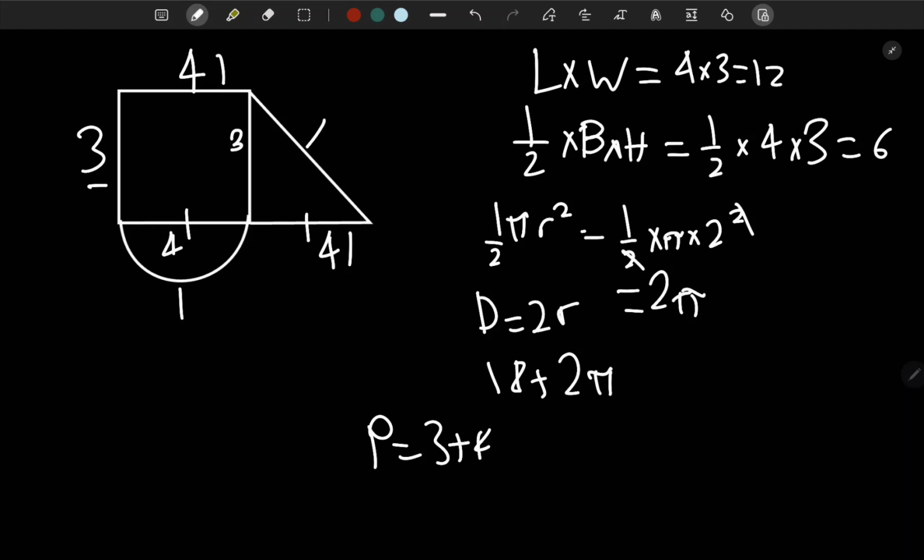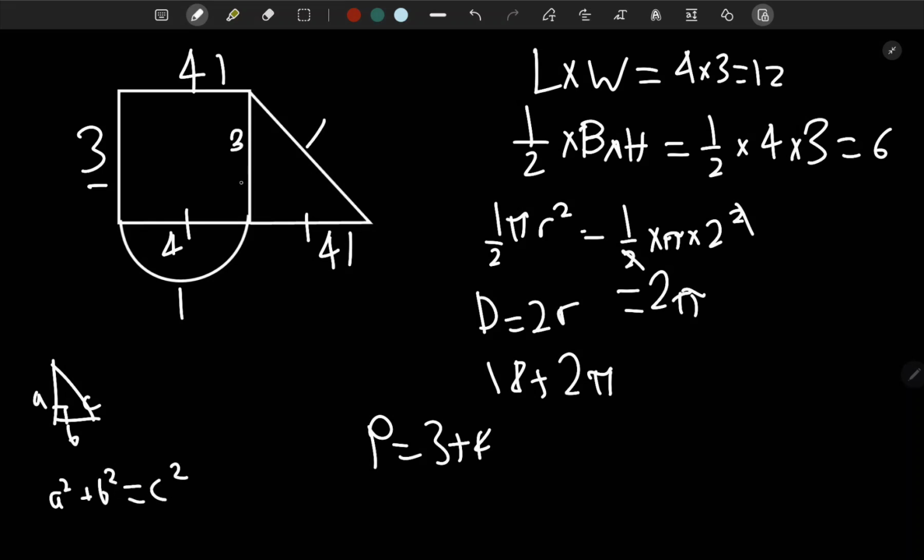The hypotenuse we can find by using the Pythagoras theorem, which states that, let's say we have a right angle triangle ABC. This only works for a right angle triangle. A squared plus B squared is equal to C squared.